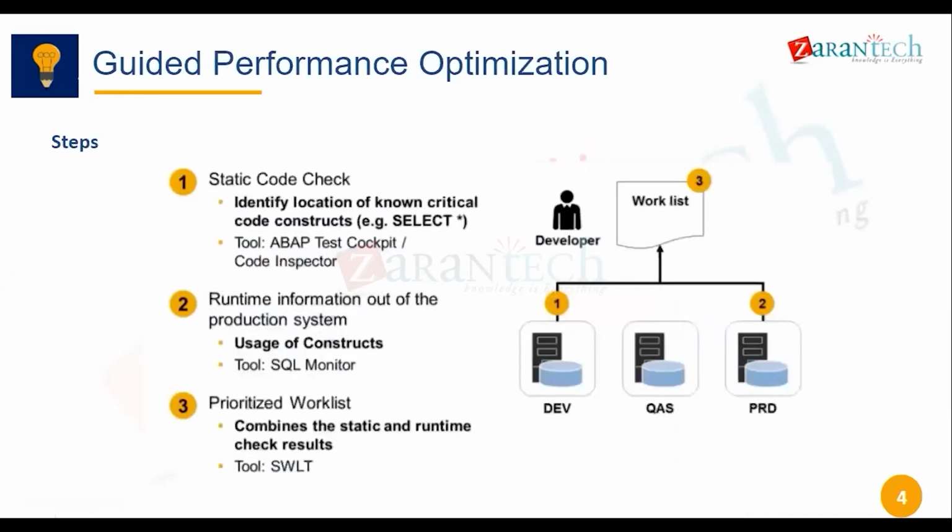The SCI will give us the issues or locations where we have problems in terms of code statements. That is step number one. And then we try to combine these two to finally get a single screen where we can do these corrections. Okay, just make a note of it.